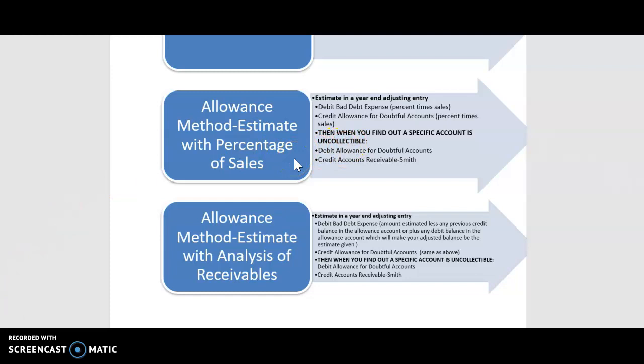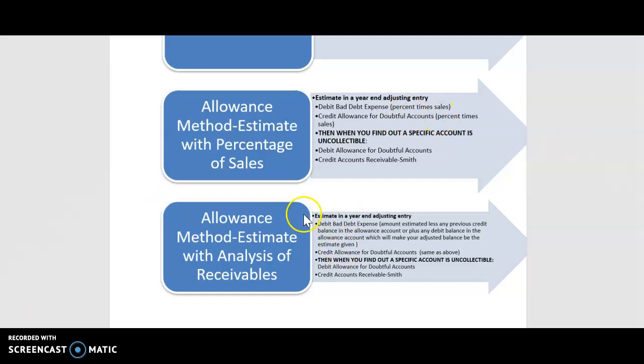So the percentage of sales method takes a percentage of credit sales times the percent, and that is the amount of the estimate. So you would debit bad debt expense and credit allowance for doubtful accounts for that number, the percent times the credit sales.